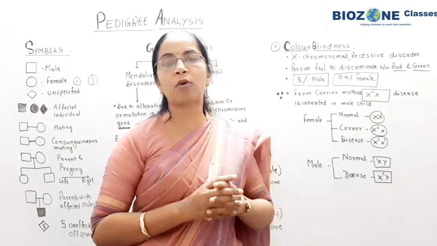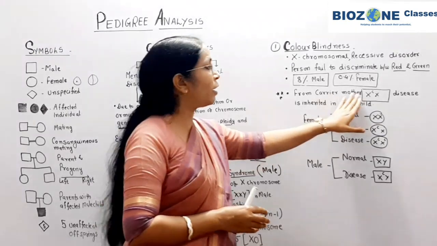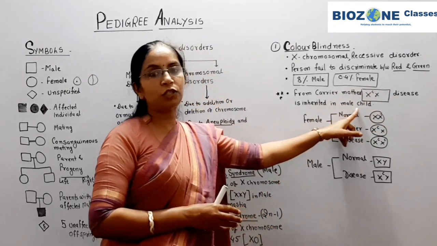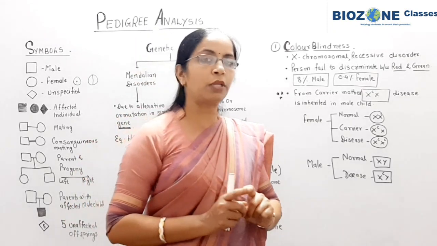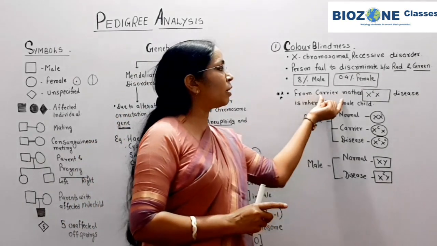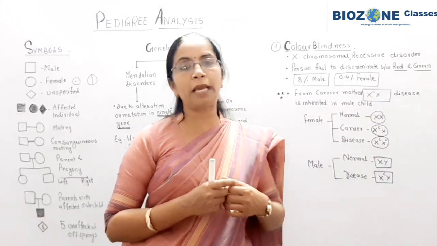Such females are called carrier mothers. So the disease is transferred from a carrier mother to the male child. Remember, from a carrier mother the disease is never transferred to a female child.